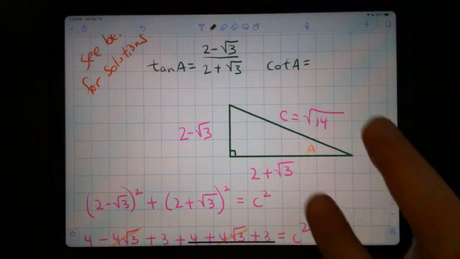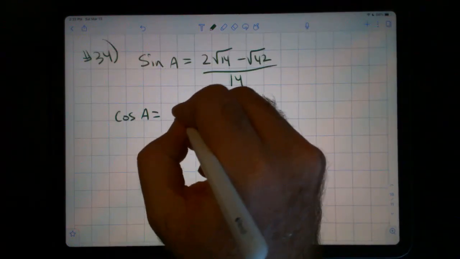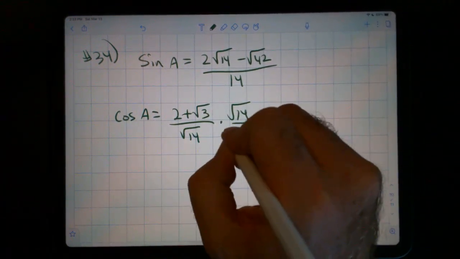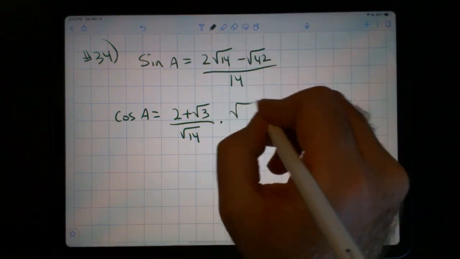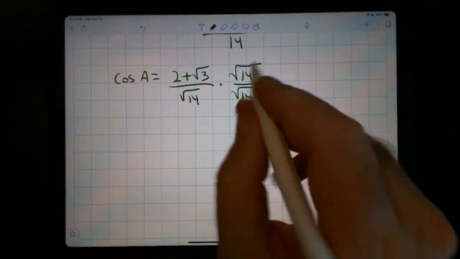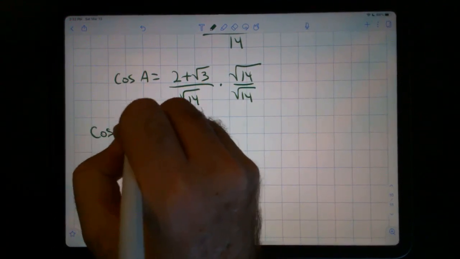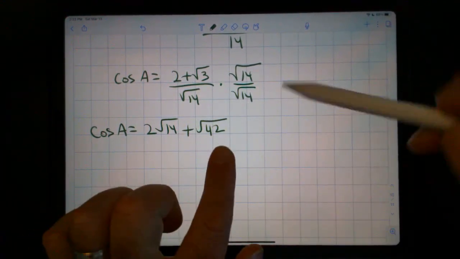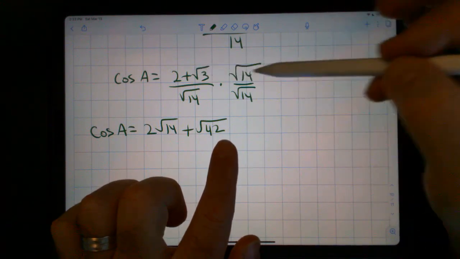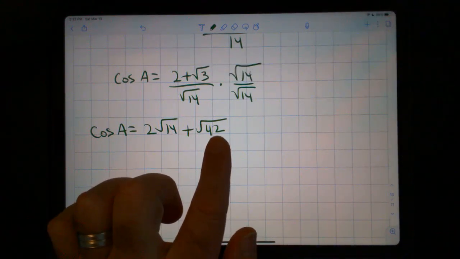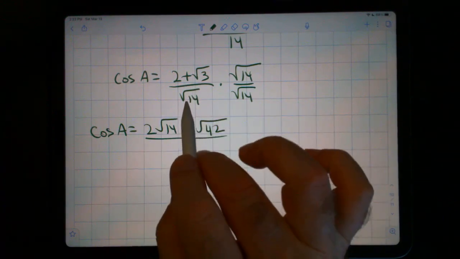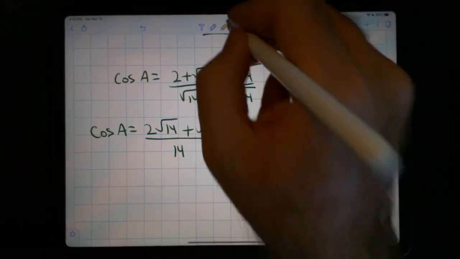So cosine of A is going to be adjacent over hypotenuse. Rationalize the denominator. And again, 42 is 2 times 3 times 7. I'm sorry, radical 42 cannot be simplified any further. And the denominator, radical 14 times radical 14 is plain old 14.